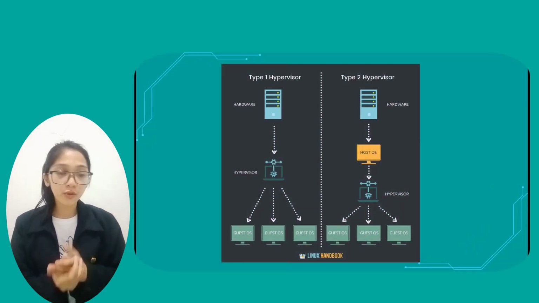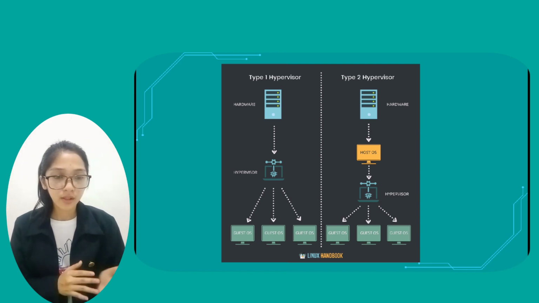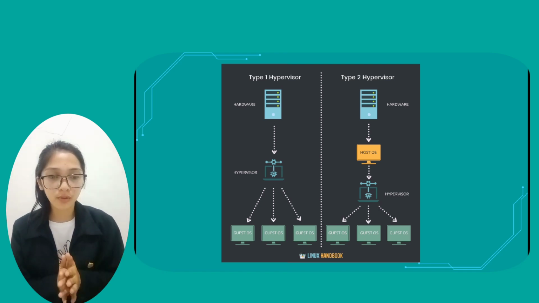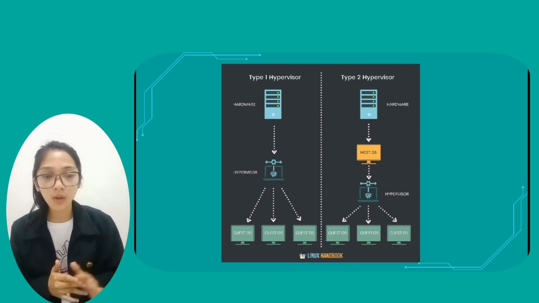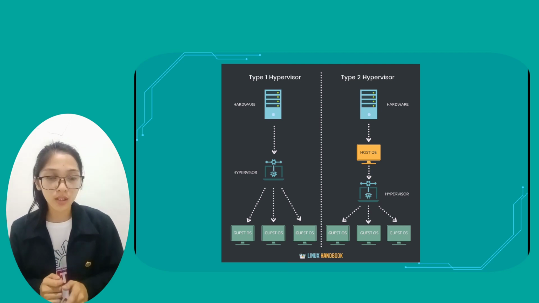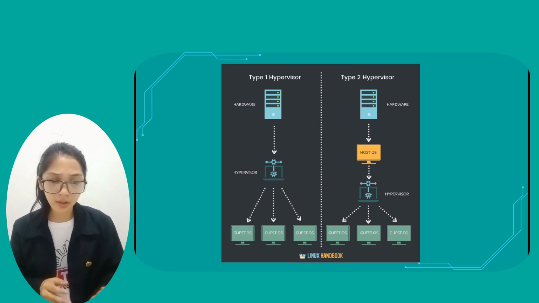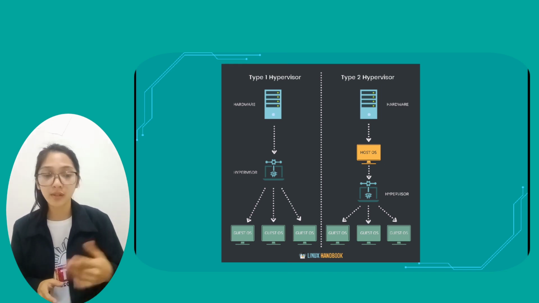There are two types of hypervisor. First is the type 1 hypervisor, where there is no host operating system; it is directly connected to the hardware. The first is hardware, then the next one is the hypervisor, and then the next goes to the guest, or the applications or the operating system.